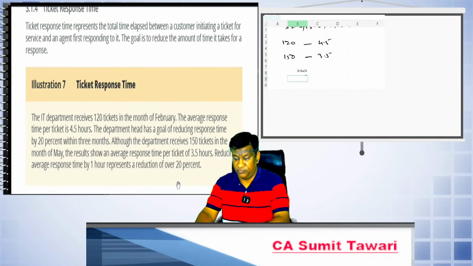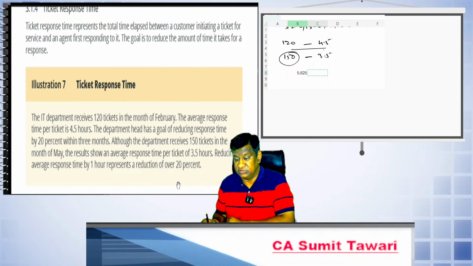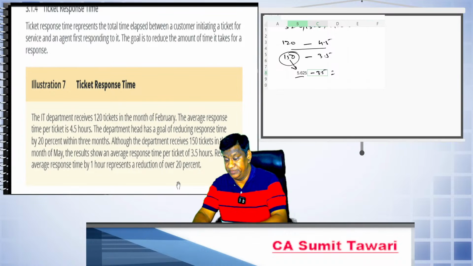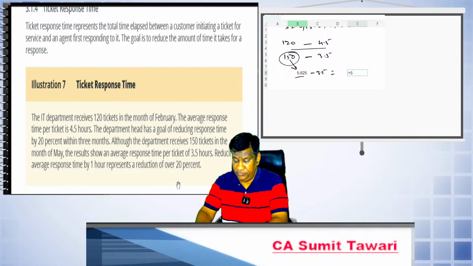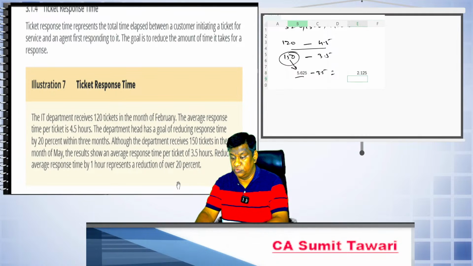You may require 5.6 hours, but you are able to close. I mean, if I consider this as a rate, then for calculating the 150, it is 5.6 hours you may need, but you are able to close at 3.5. So there is a saving of 5.625 minus 3.5, which is 2.125.